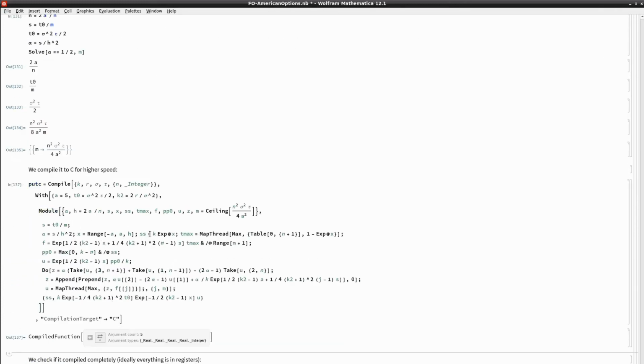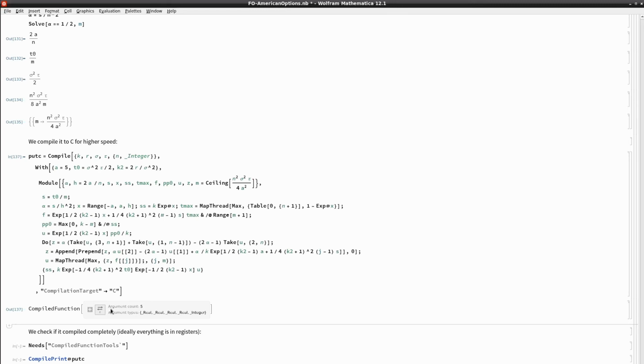I will not go into it in detail, but we will compile it for speed, and we see that m is this expression that we have developed above with this Solve, where we set alpha equal to a half. By rounding it up we ensure that our alpha will be less than a half and not above a half.